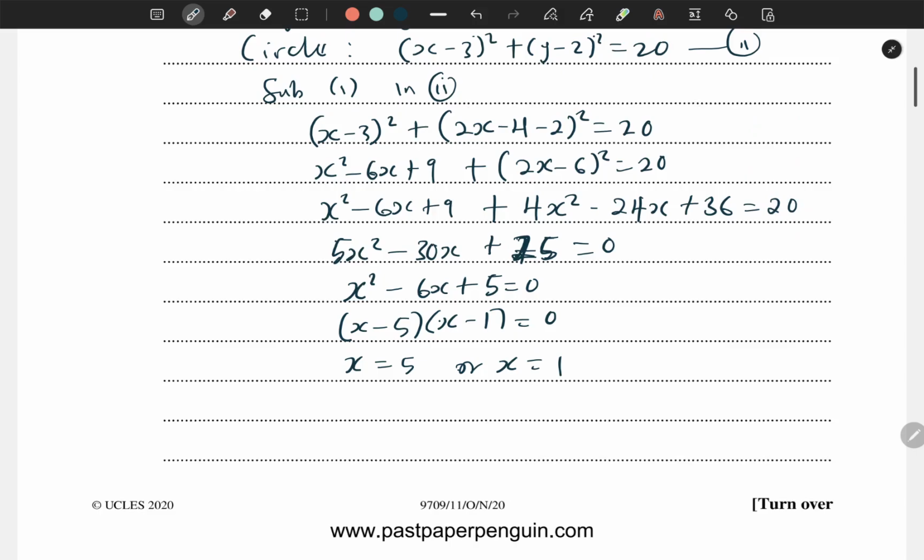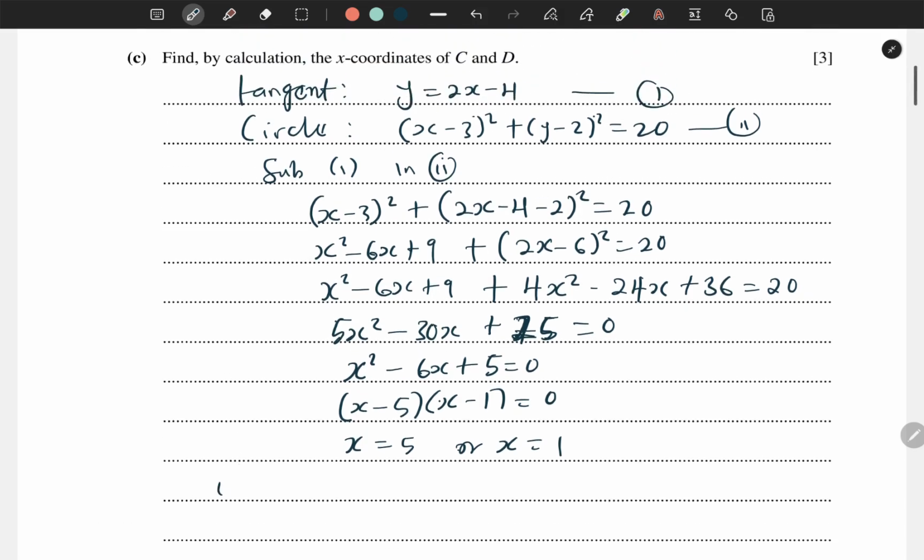So now remember we are asked to find the coordinate, so we need to find the corresponding y value for each of these. So make the substitution in 1. When x is 5, then y is going to be 2 times 5 minus 4, that's 6.